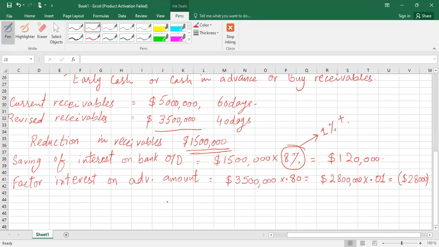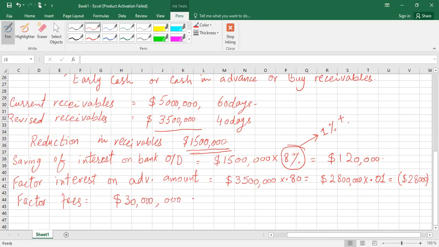Apart from this, the factor company says that we will charge a service cost on receivables management. So we have to pay factor fees. Suppose factor fees is 1.5%, and factor fees is always payable on the sales revenue.